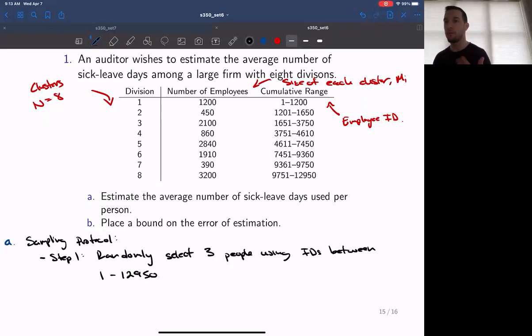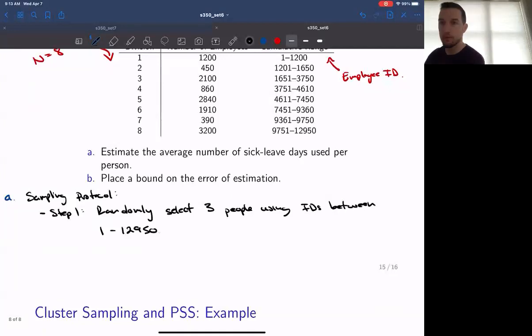Sorry, I said step 1, randomly select 3 people using the IDs between 1 and 12,950.